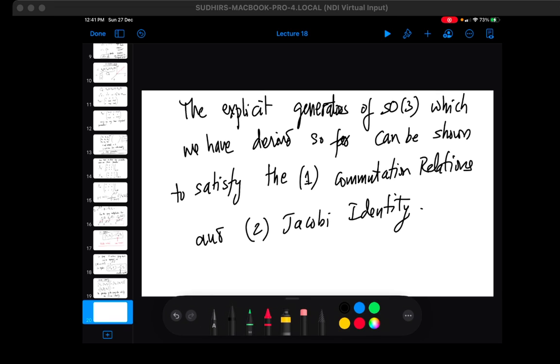So with this we have some idea about the SO3 group. To summarize, the SO3 group preserves the length of the vector. It explains rotations in 3 dimensions, and rotations in 3 dimensions are non-abelian in nature.